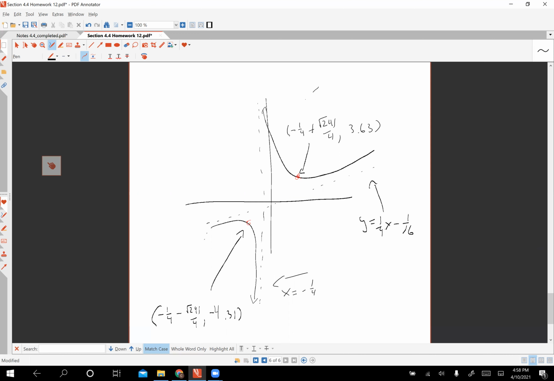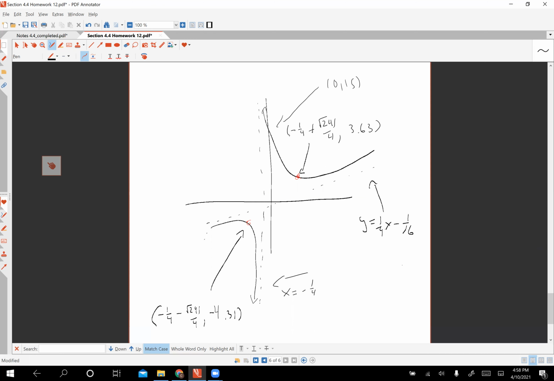One thing I did not label here was the intercept, 0, 15. Graphing by hand is not easy. Another thing is that for large x, positive or negative, the curve approaches the line y equals negative 1/4 x minus 16.